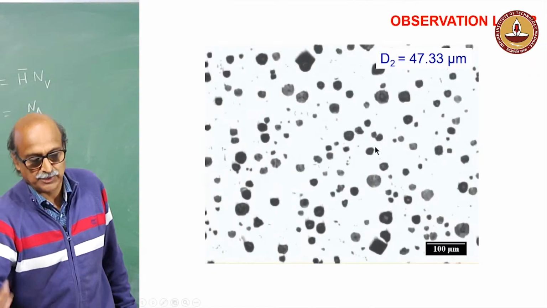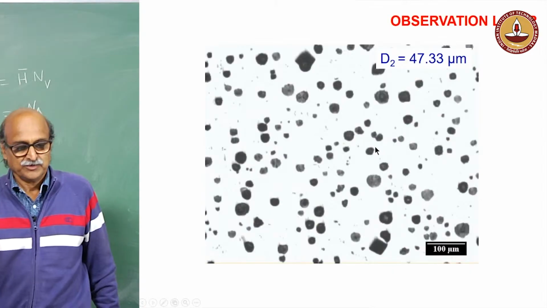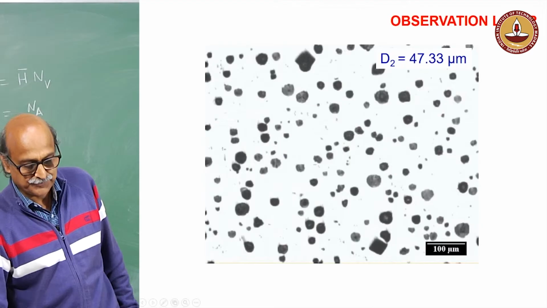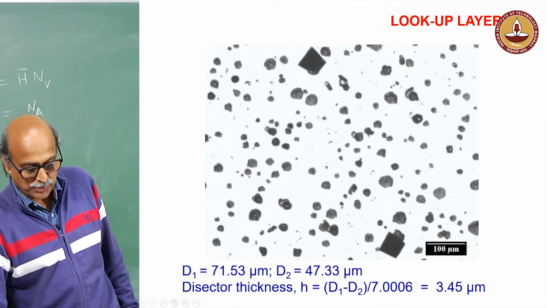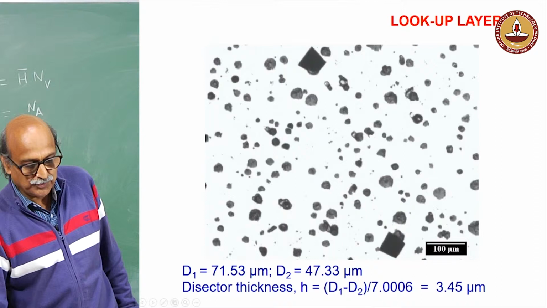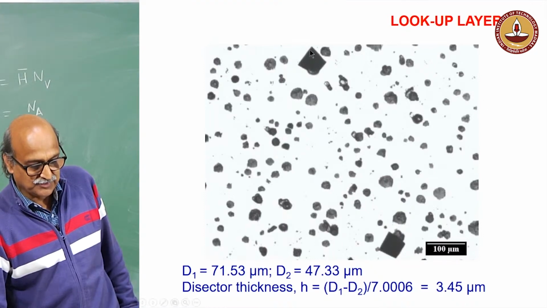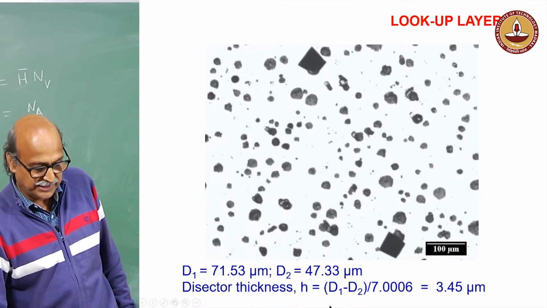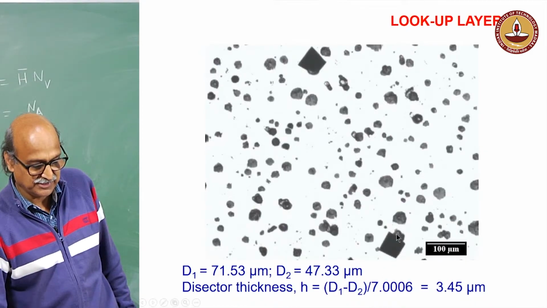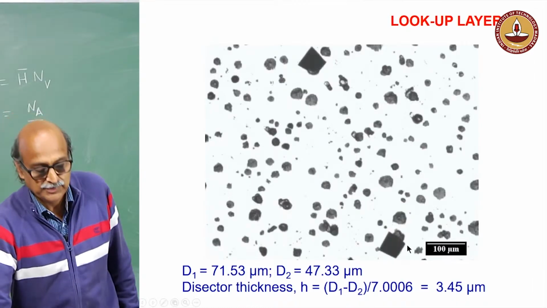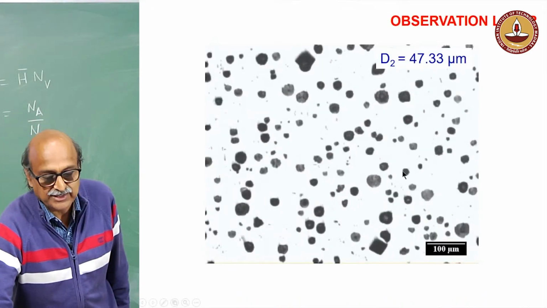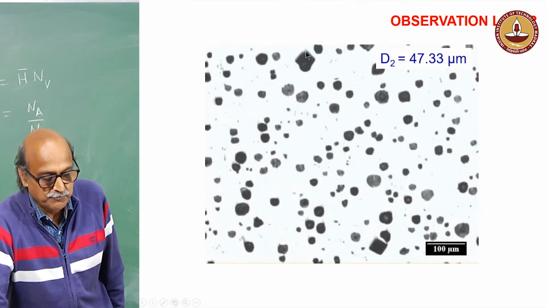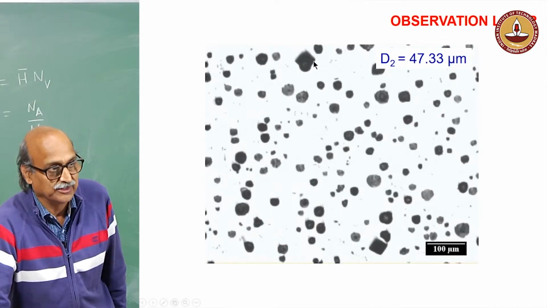Now, here is one example that was taken. So, this is let us say is called the observation layer, this is the lookup layer. Now, as you can see, this was basically the first layer that we took. So, these indents are sharp, this is that micro hardness indent. The second layer, which I have called the observation layer, the indents have become somewhat diffused here because of etching.